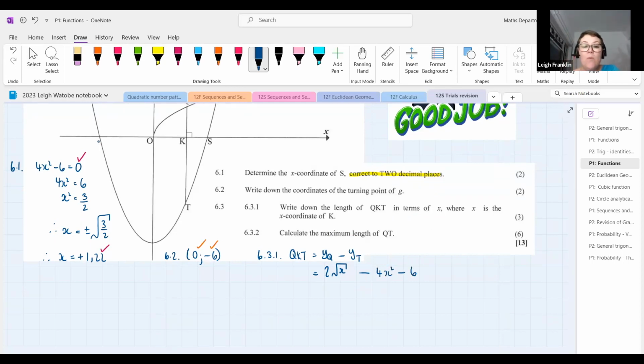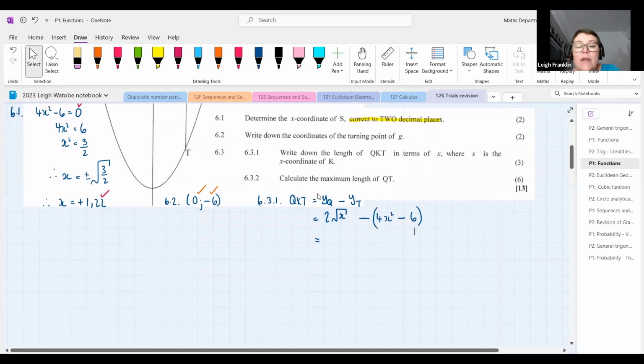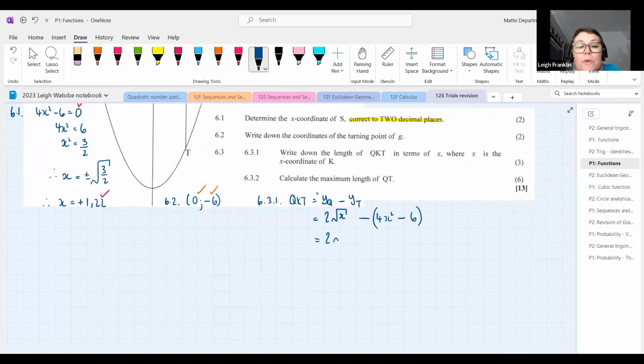All right, so when they want us to write it down in terms of x, we're going to have an x in our answer. So what we could do here is let's get rid of the root. So what exponent am I going to write the x with? Oh, yes, sorry. It's like that. I beg your pardon. Here I am being naughty. I left off my brackets. So it would be 2 root x minus 4x squared plus 6.